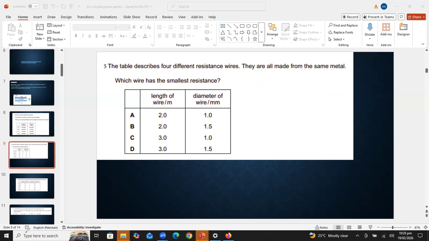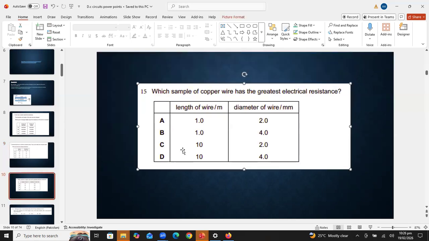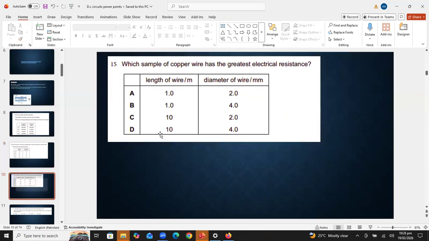Okay. Now I'm moving towards the next question, question number 15. They are asking which sample of copper wire has the greatest electrical resistance. So now students, we have to find the greatest resistance. Again, length is given, diameter is given. Look, beta, I told you resistance and length are directly proportional.